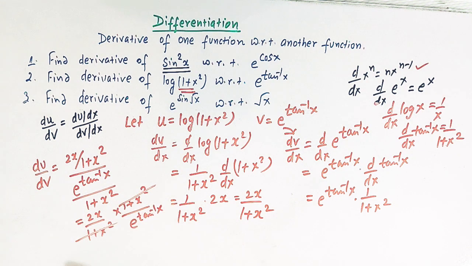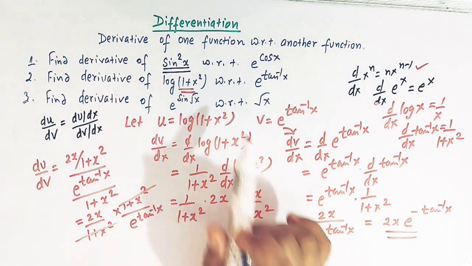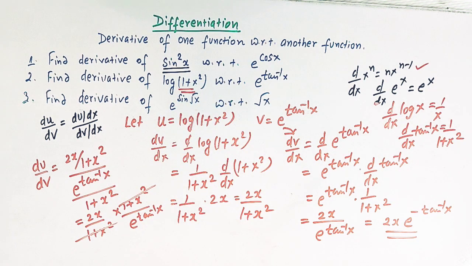These two terms get cancelled, so we are left with 2x divided by e^(tan⁻¹x), which is 2x times e^(−tan⁻¹x). So this is the required derivative.